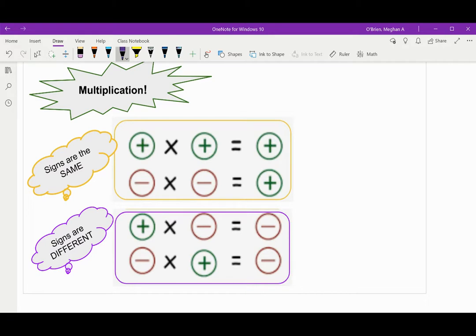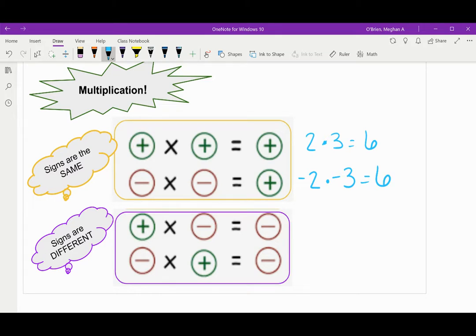Multiplication. So when the signs are the same, we get a positive product. When the signs are different, we get a negative product. So an example of this one would be 2 times 3 equals 6. A -2 times a -3 equals +6.